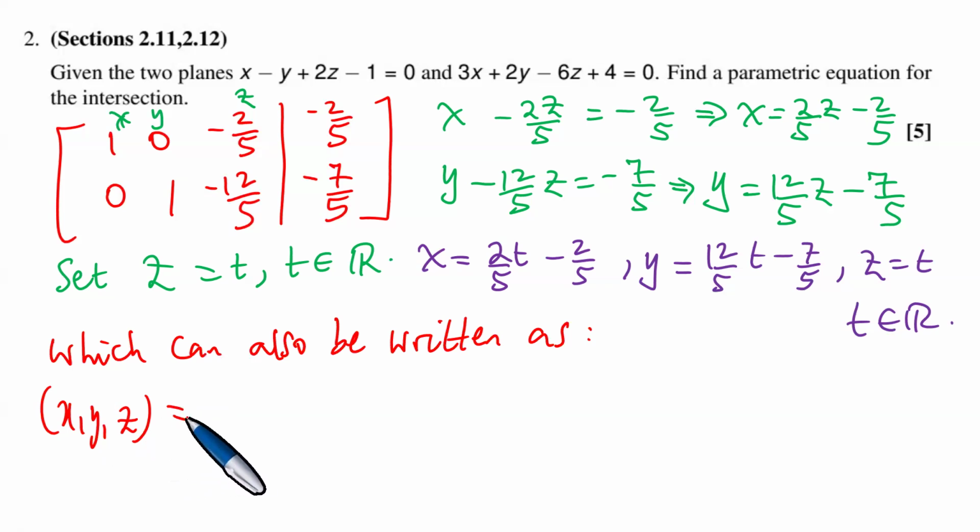First we write the constants. For x, for instance, you have minus 2 out of 5.